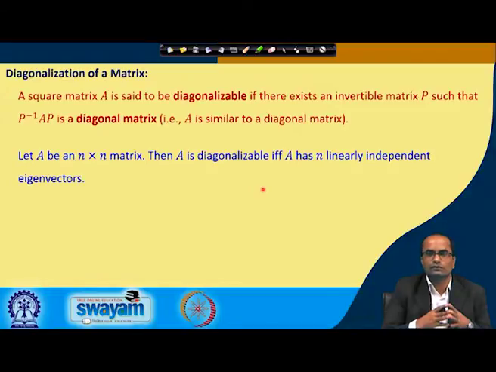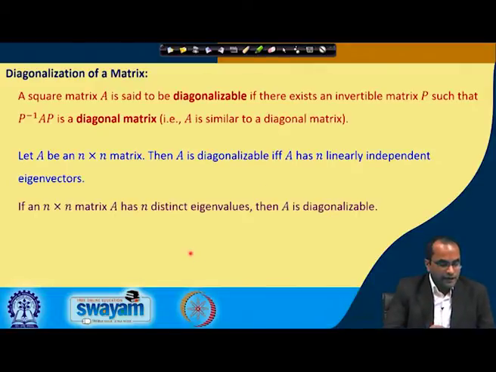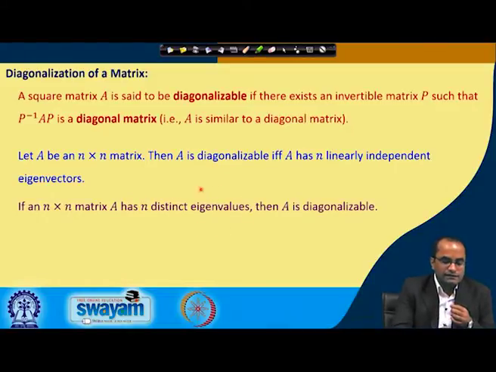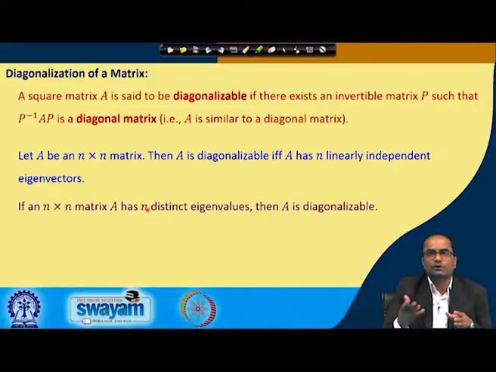Again, we will not go through the formal proof here, but we will see with the help of many examples how this works. Another consequence of this result is that if A is an n cross n matrix and it has n distinct eigenvalues, then it is also diagonalizable. The reason is clear, because if we have n distinct eigenvalues, then we will also get n linearly independent eigenvectors.